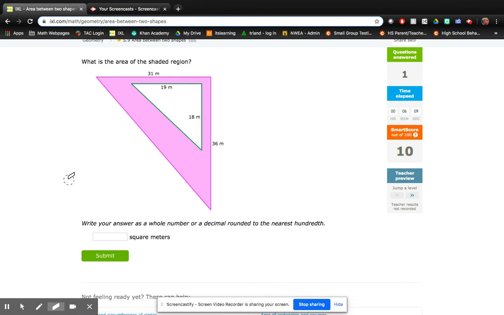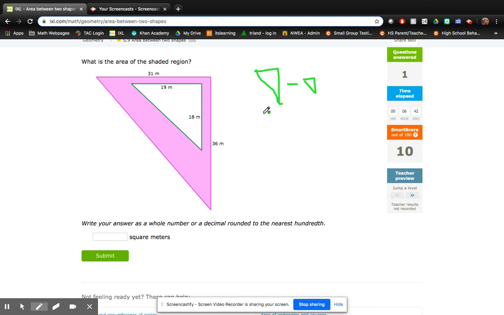Okay, not every problem is a circle problem. So this one is a triangle donut. We're still looking for this pink region or this shaded region here. So we need to find the area of this big triangle, the outside triangle. Let's try that again. The big triangle minus the inside or the little triangle, okay?